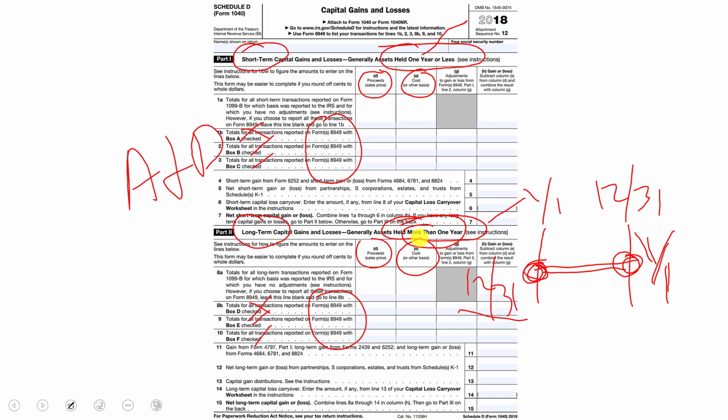Both amounts are being reported to the IRS and the taxpayer when A or D applies.